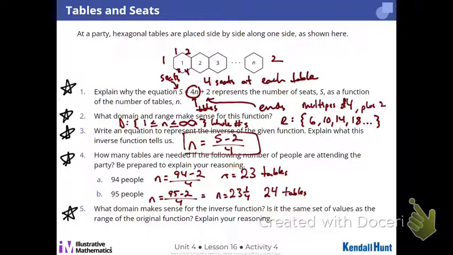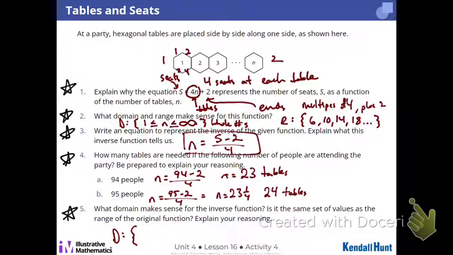So our range from our original, n, is now our domain. So let's look at the domain of our inverse function. Our domain is now seats instead of tables. How would we explain the number of seats that we could have?